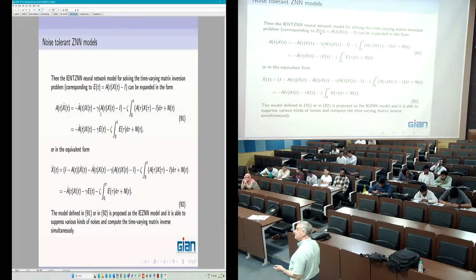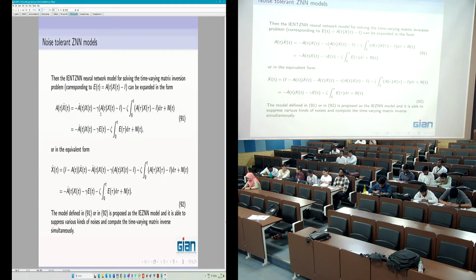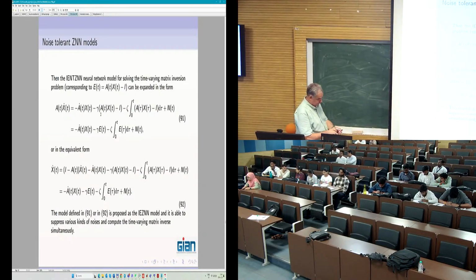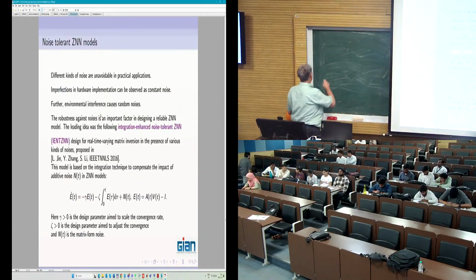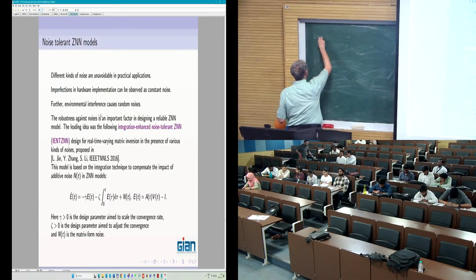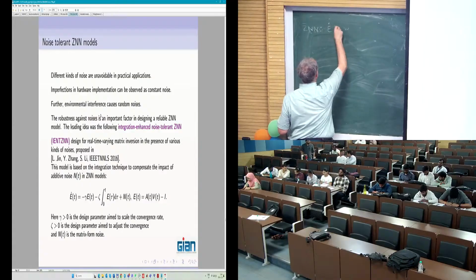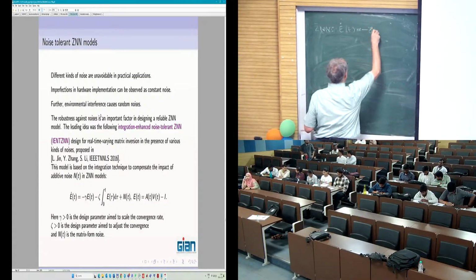Here is the expanded version of the integration enhanced ZNN model. The original ZNN model is of the form: derivative of the error function is equal to minus gamma times the error function.